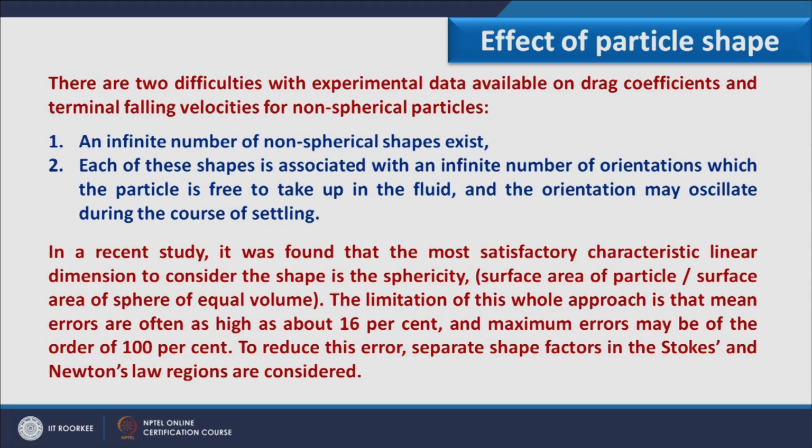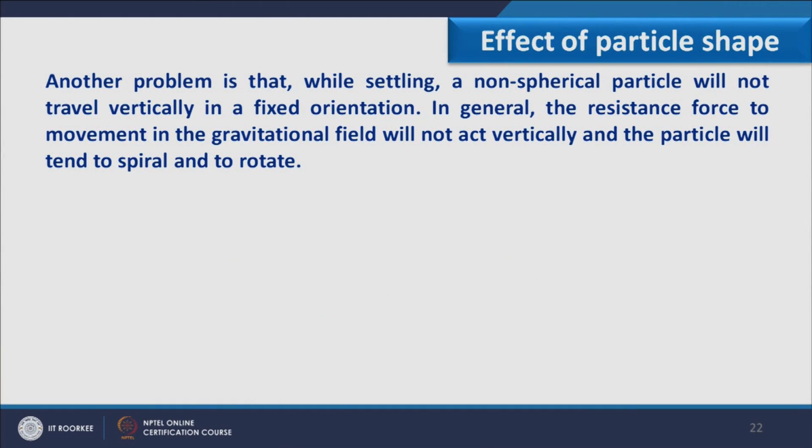So, you can see the effect of shape will be considered by considering another factor in Stokes as well as Newton's law. Now, another problem in such condition is that while settling, non-spherical particle will not travel vertically in fixed orientation. As we have discussed, orientation keeps on changing when particle is falling in a liquid.